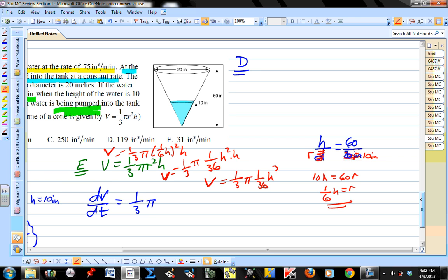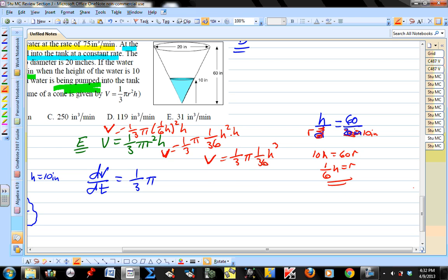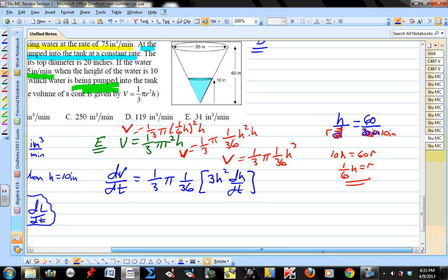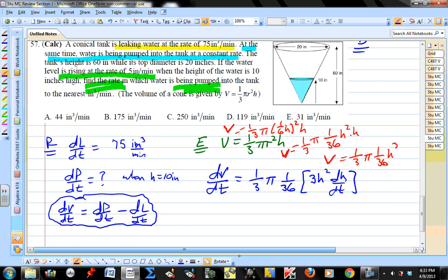All right. Now let's differentiate with respect to t. 1/3 pi times 1/36 is a constant. Now I need to multiply by the derivative of h cubed. It's going to be 3h squared dh/dt. You see we've got times 3 and times 1/3.